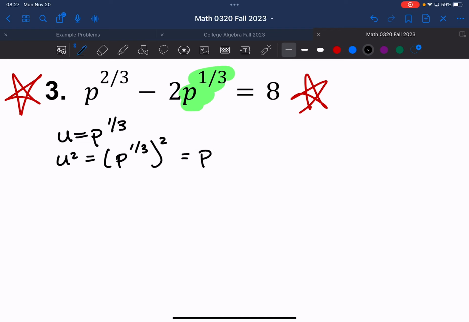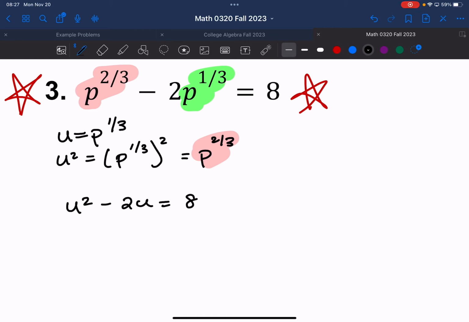So that means u squared is p to the 2/3. Do we see that in our problem? Yep, right here. This is the same as this. So when I'm plugging everything in, I'm now plugging in a u for the p to the 1/3, and I'm plugging in u squared for p to the 2/3. So this becomes u squared minus 2u equals 8.